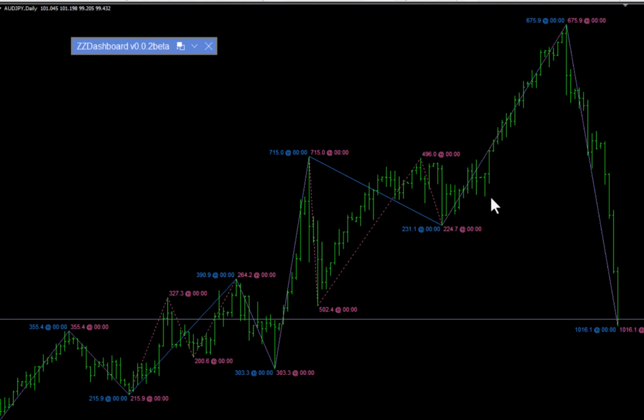So it's measuring both zigzag movements in one chart and giving you the actual size of the movement. So the trends that we are experiencing at the moment are abnormal. Here you can see the normal trends, and now we're experiencing the abnormal ones.